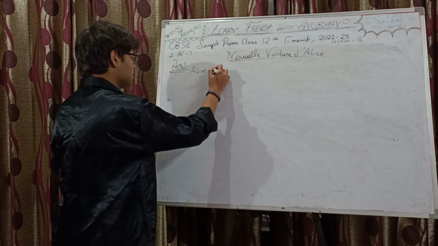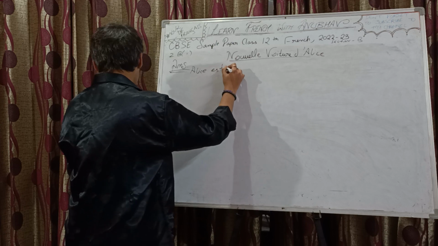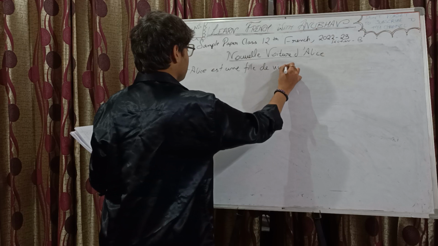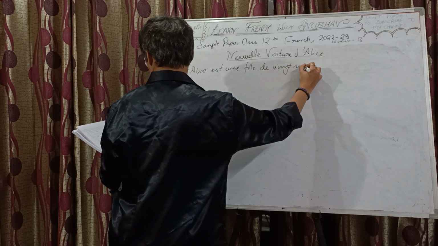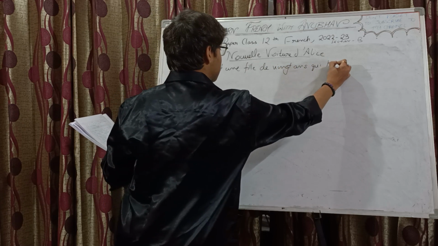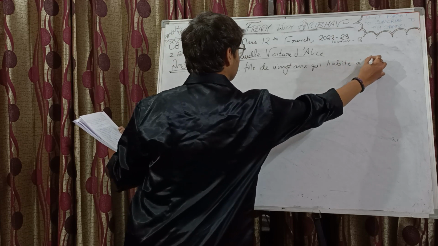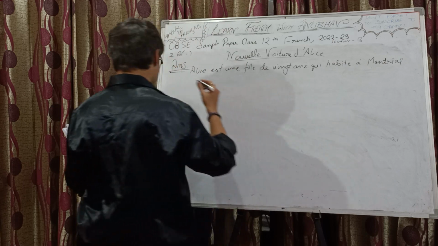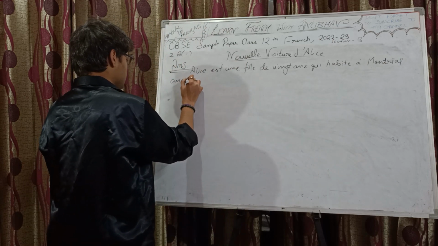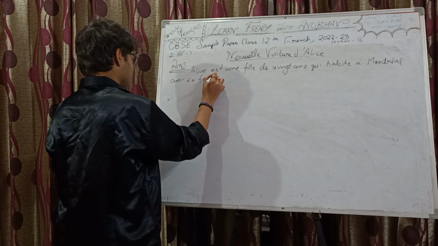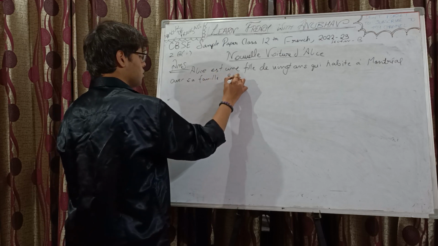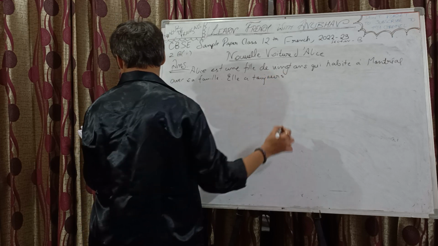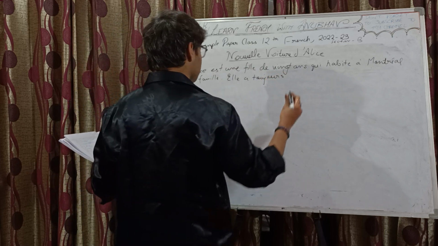So Alice est une fille de 20 ans qui habite à Montréal avec sa famille. Elle a toujours rêvé d'avoir une voiture de luxe.